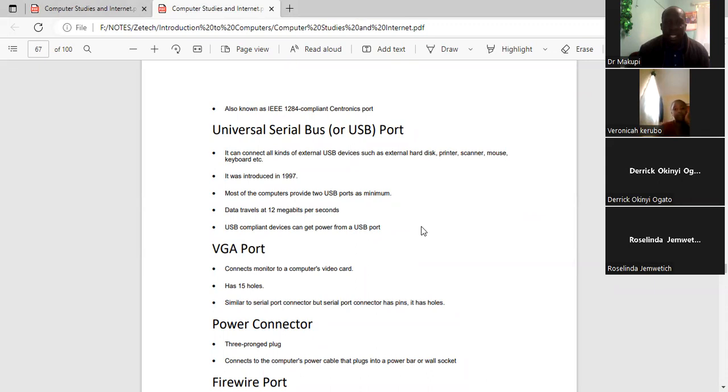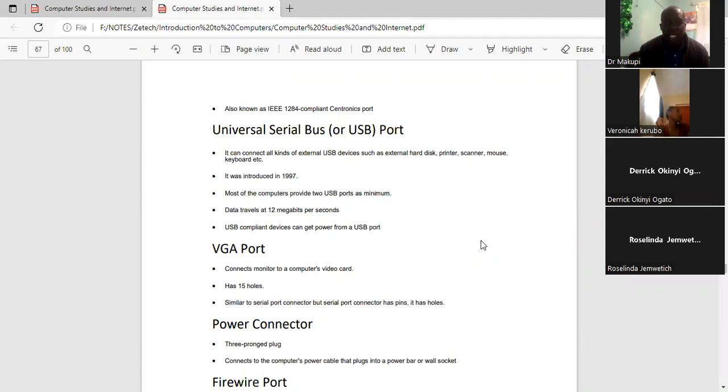Any computer being manufactured today normally comes with at minimum 2 USB ports. Data travels at 12 megabits per second in these ports. A USB compliant device can get power from a USB port, which you can agree. I can charge my phone using my PC. Is that agreed? Which means USB compliant devices can get power from a USB port.